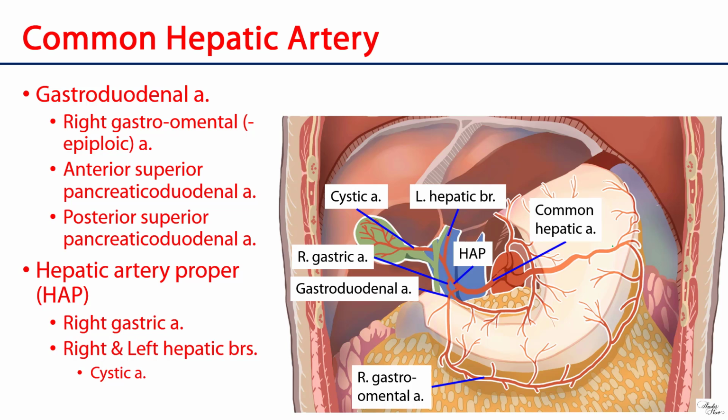Last and finally, from the celiac trunk, we have the common hepatic artery. The common hepatic artery is going to have a right lateral course.